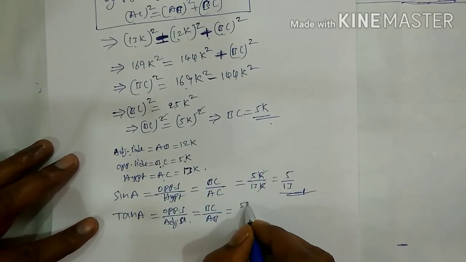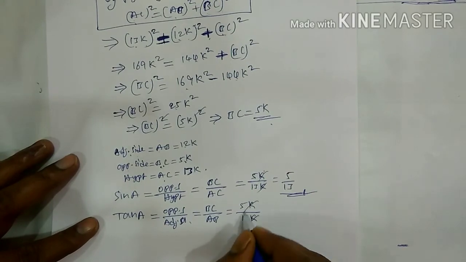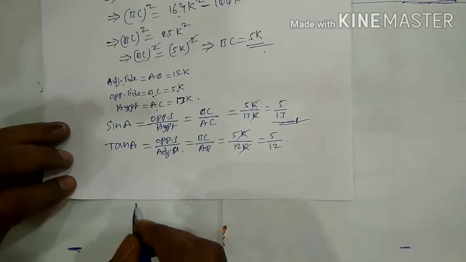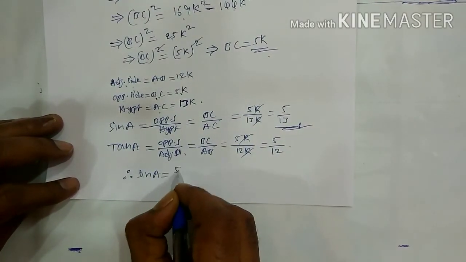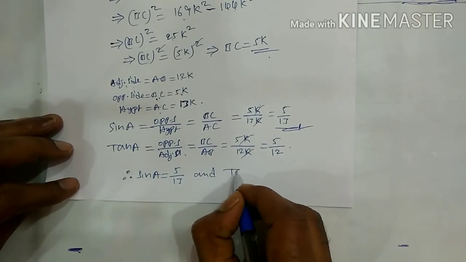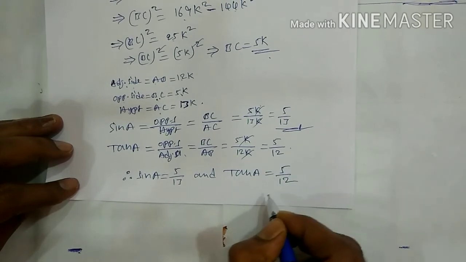BC is equal to 5K, AB is equal to 12K. K gets cancelled. 5 by 12. So therefore sin A is equal to 5 by 13 and tan A is equal to 5 by 12.